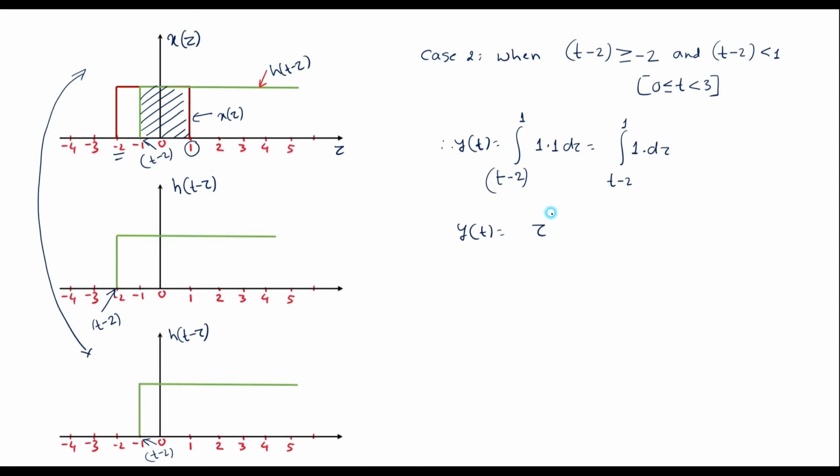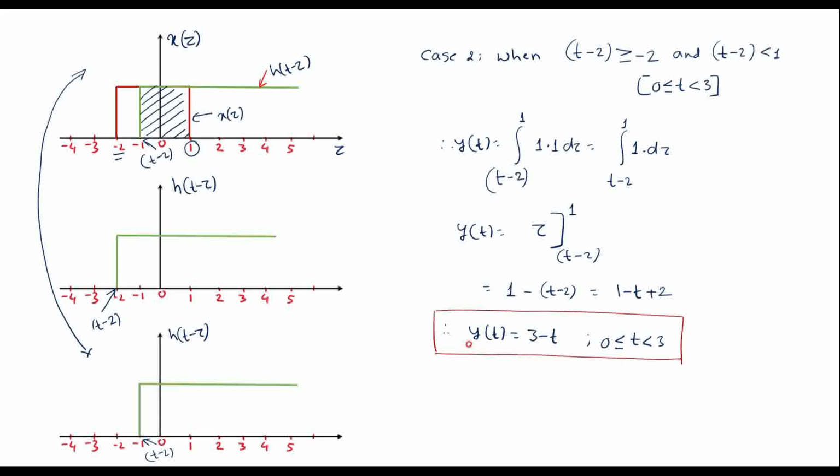Apply the limit t minus 2 to 1, which is equal to 1 minus of t minus 2, which is equal to 1 minus t plus 2. Therefore y of t is equal to 3 minus t when t is less than 3 and greater than or equal to 0.